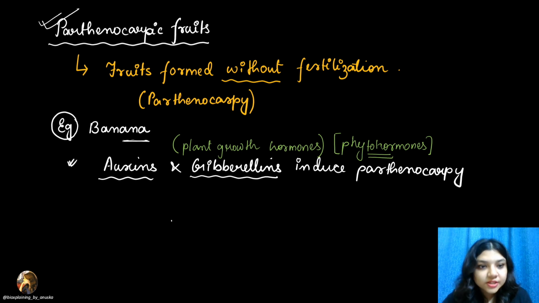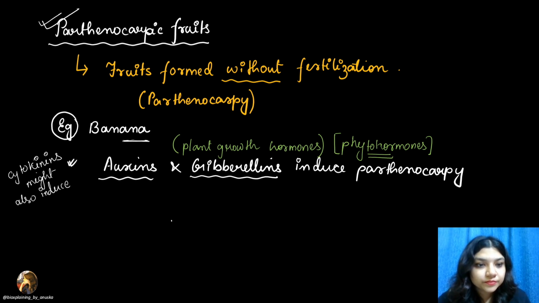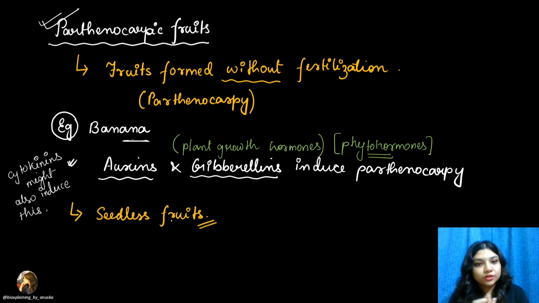In a lot of cases, you will find that cytokinins also help in it. So auxin, gibberellins are the major phytohormones, and cytokinins can also induce parthenocarpy.